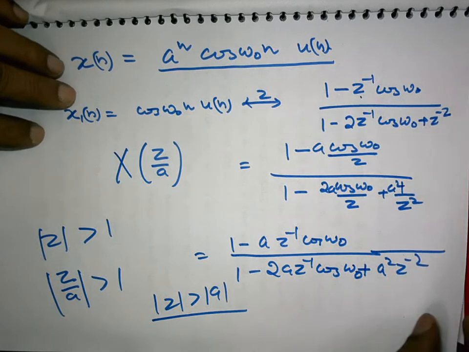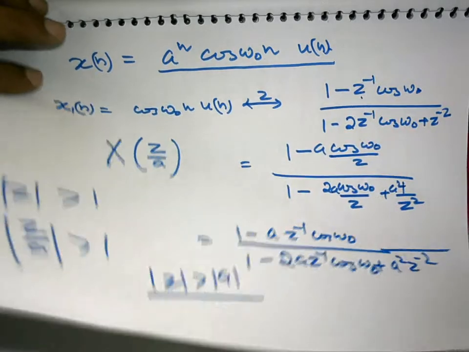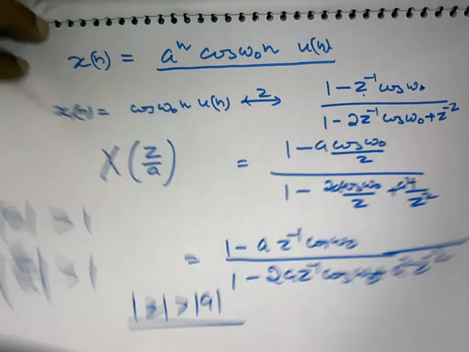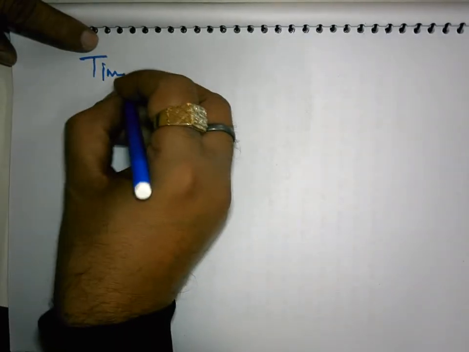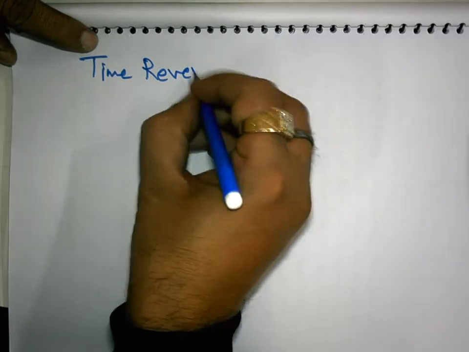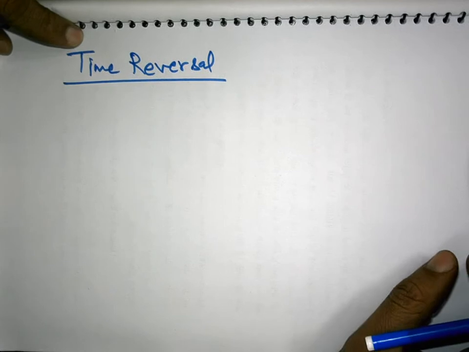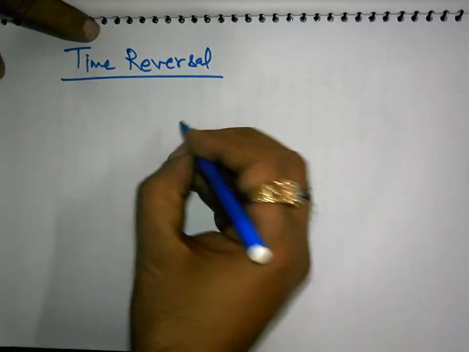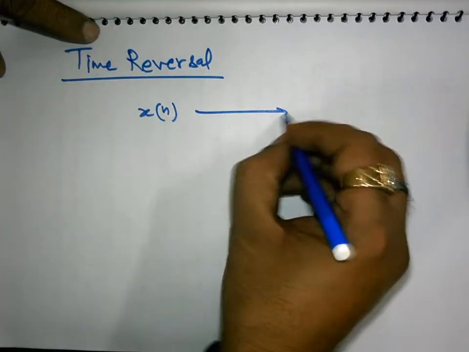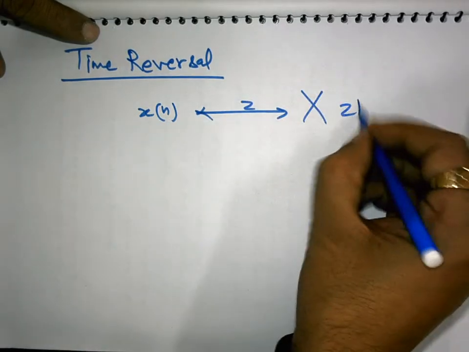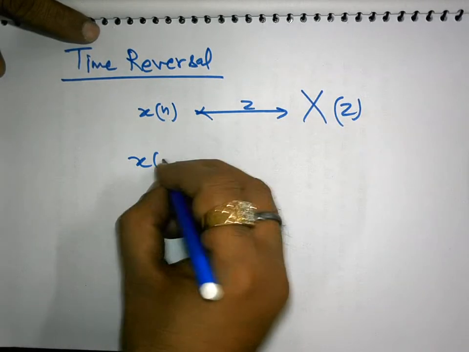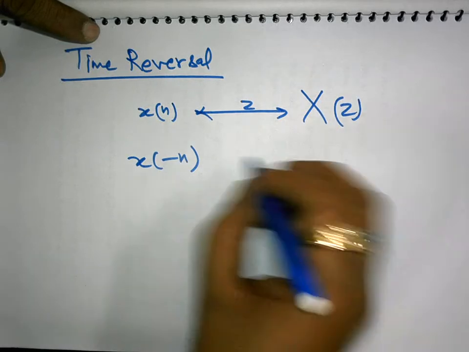Now, I will explain one more thing, that is time reversal. Time reversal property says that if the z transform of signal x[n] is known to us and this is X(z), then what is the z transform of the folded version of the signal?